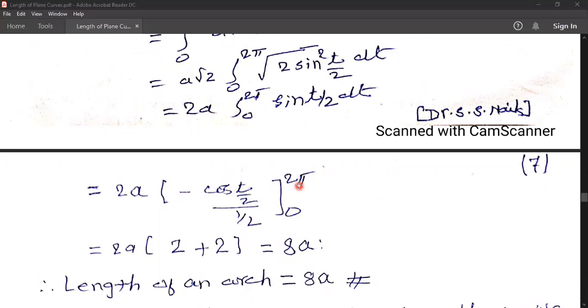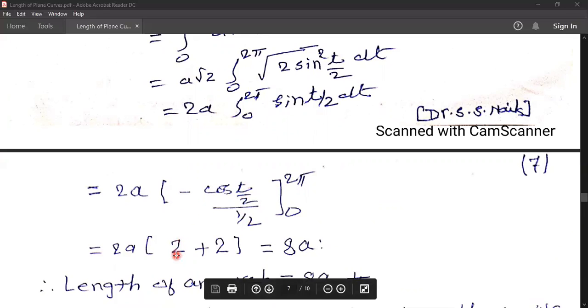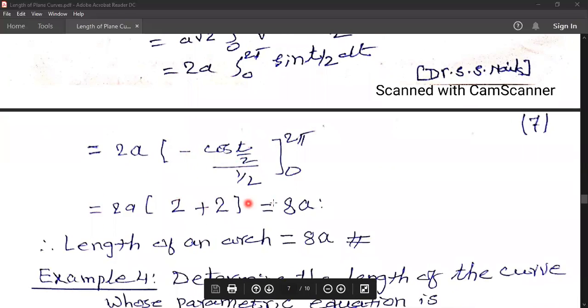So therefore, when you put the upper limit, this becomes at t is equal to 2 pi, 2 and 2 will get cancelled, becomes equal to cos of pi. Cos of pi is minus 1, and this minus 1 becomes plus 1. This 2 goes in the numerator, becomes equal to plus 2. Then minus of minus becomes a plus value.